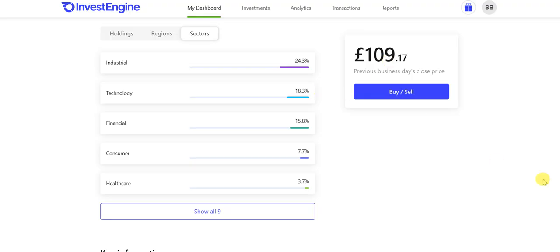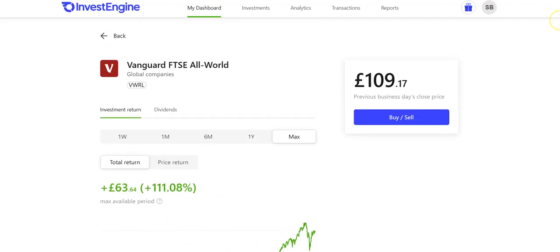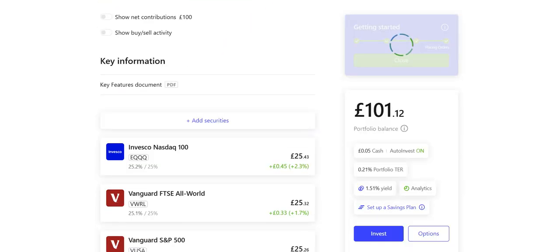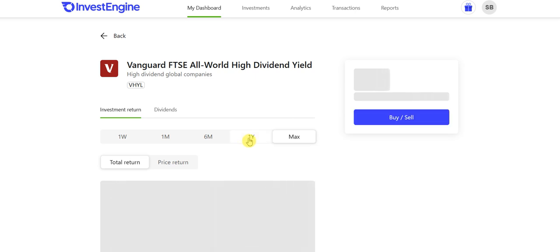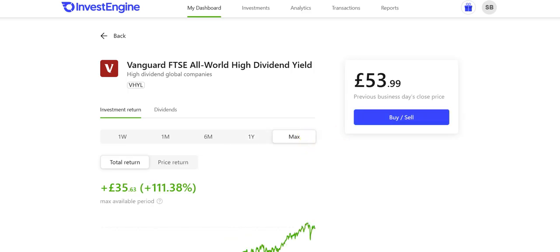Right, and we've got one more to go, so let's go back. Right, so this is an all world, which is similar to this all world, but this one is more dividend focused. So I'll show you the year, and then I'll show you the max.